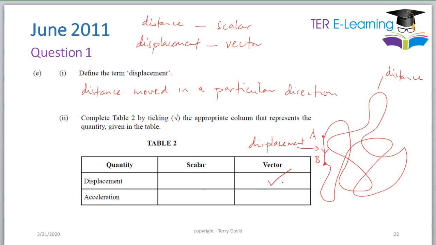That is correct. Acceleration is a vector quantity. It's not a scalar quantity. All right.